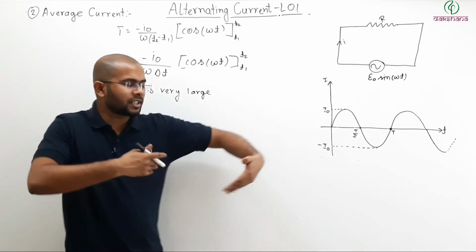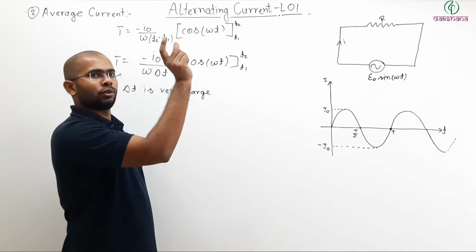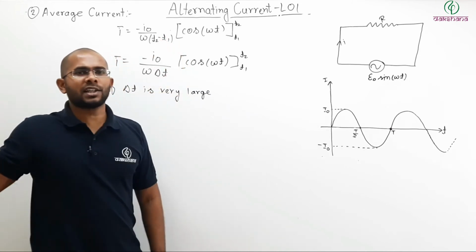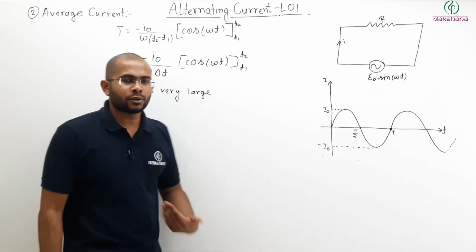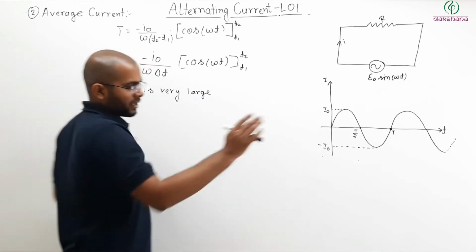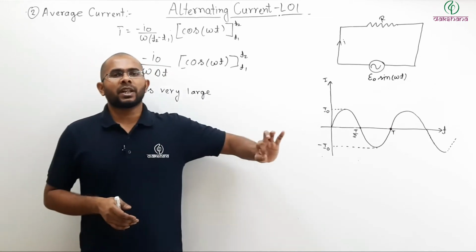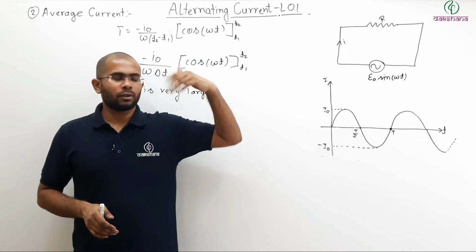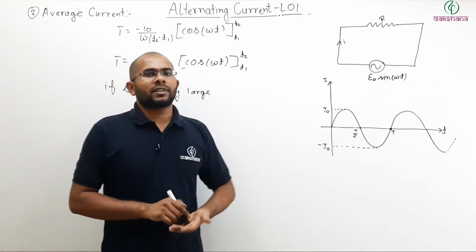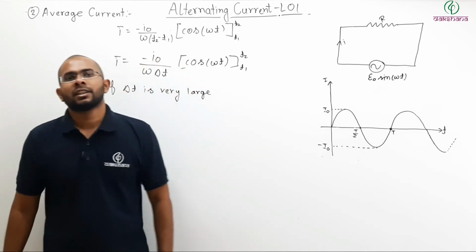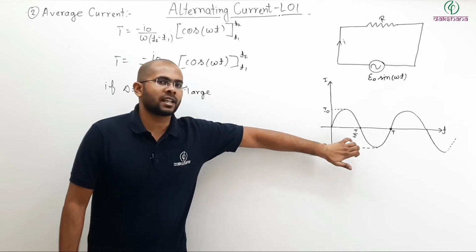A fixed value divided by a very large value will be approximately equal to 0. So over a large period of time, for example 0 to 2 hours, 0 to 3 hours, 0 to 2.1 hours, the average current will always be 0 in case of sinusoidal AC.